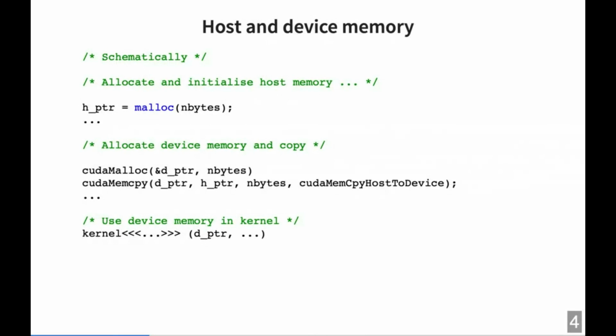So let's have a look at this managed memory first. So what we've done so far in a sort of schematic picture is we've allocated some memory on the host via a malloc. We've allocated memory on the device by CUDA malloc.